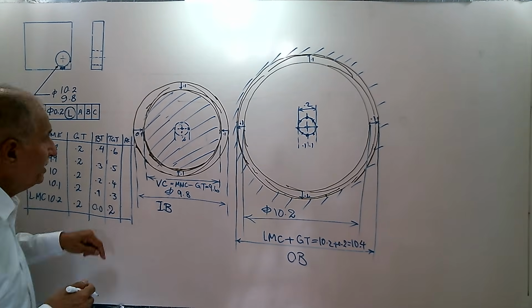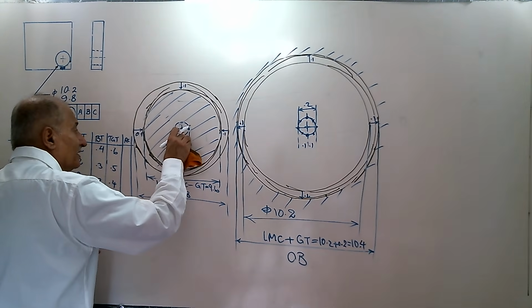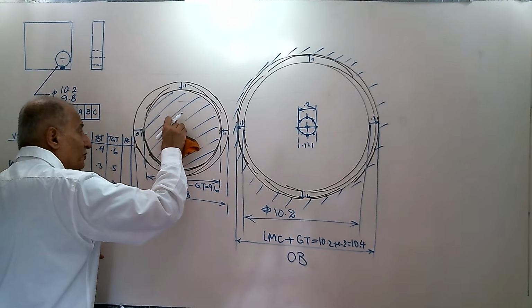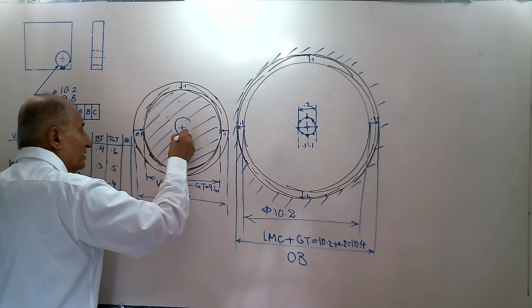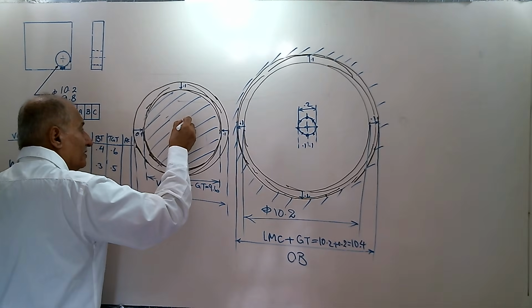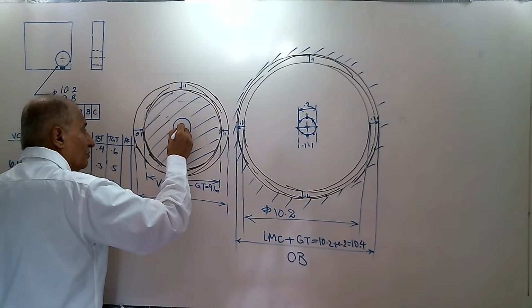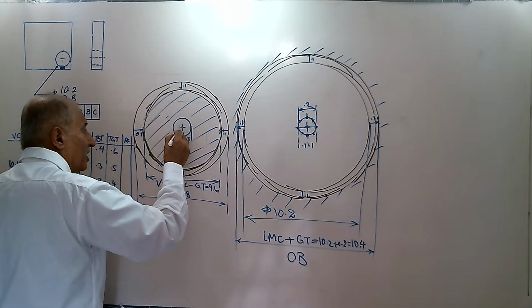At MMC size, position tolerance is 0.6, not 0.2 anymore. This is true position considered, and this is 0.6 error. It means what? 0.3 to the right, 0.3 to the left.